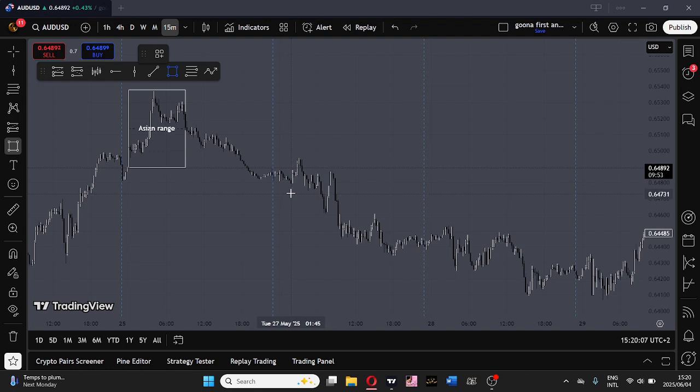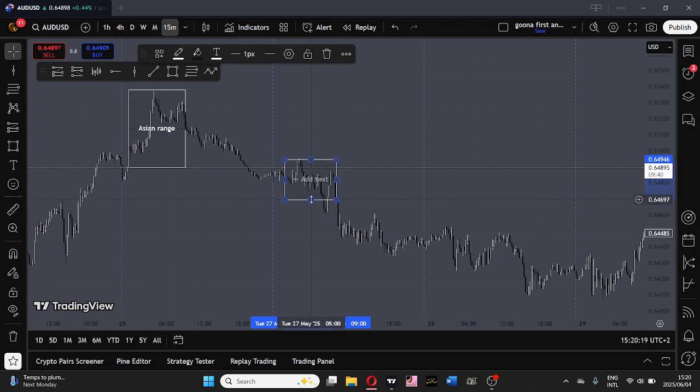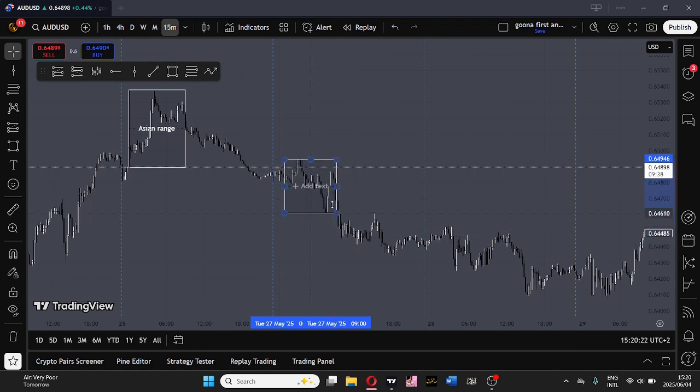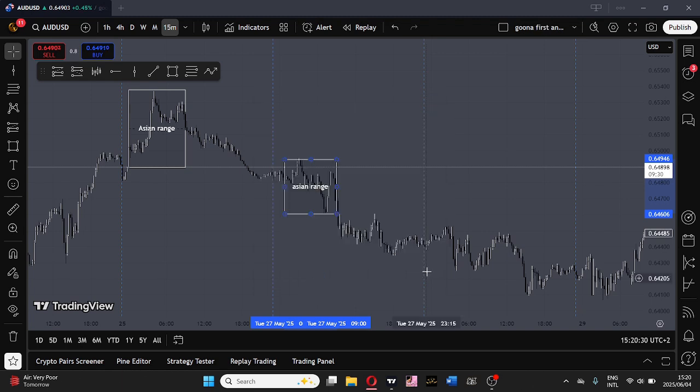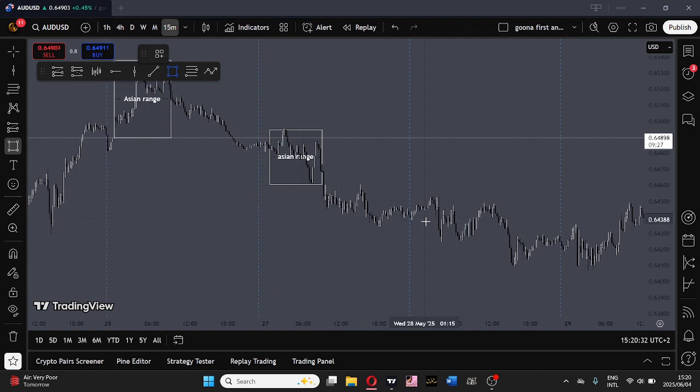Let's mark them all through the week. Midnight, 9 o'clock right here. Highest point, lowest point. Asian range. Let's do it up until the last day of the week, which is Friday.